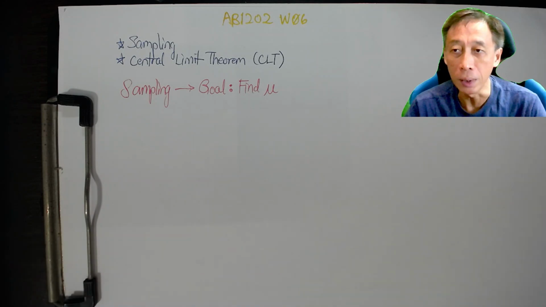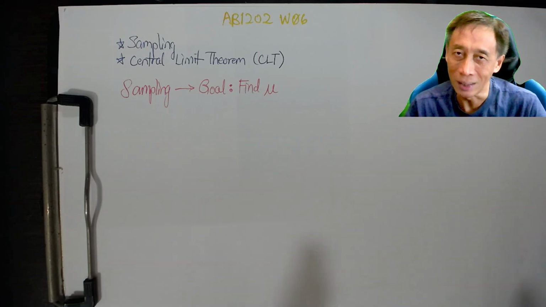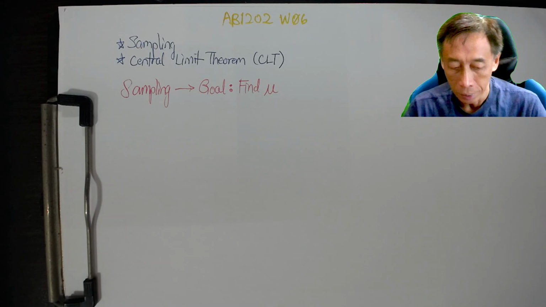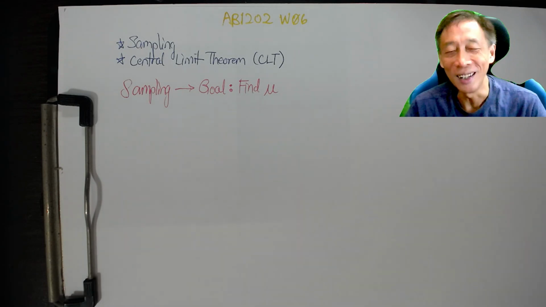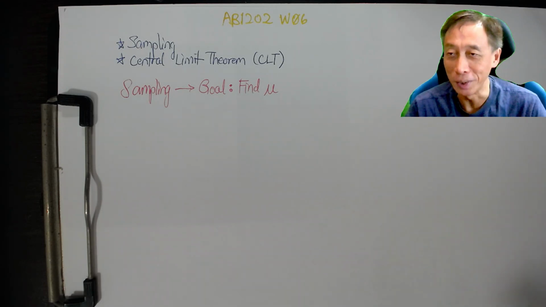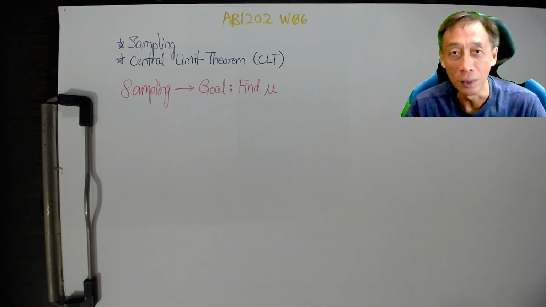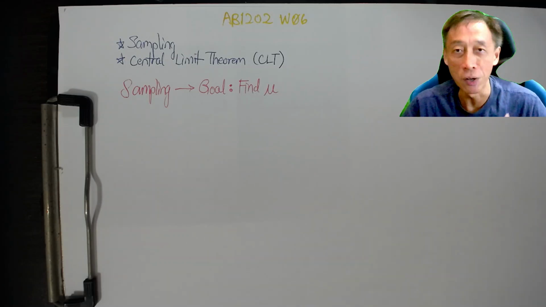For example, in a city of, let's say, 200,000 people, that's not a very big city. Maybe we should call it a town, right? So it's a small town of 200,000 people, and that's a lot, even though it's not in the millions. Now, every person has a lot of data or measurements about the person.